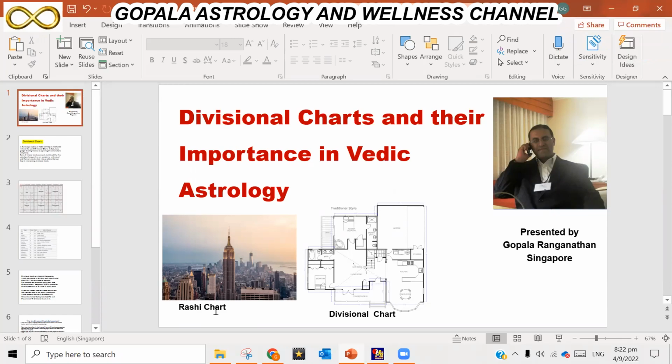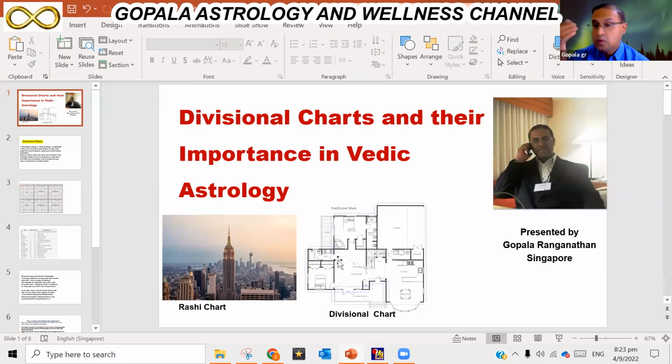So if you want to really understand certain things about floor number 10, for example, you have to open up the divisional chart, something like the floor plan of the 10th floor, understand in detail what is inside, and then do the analysis. If you try to look at everything together, it's very difficult to make the full judgment.